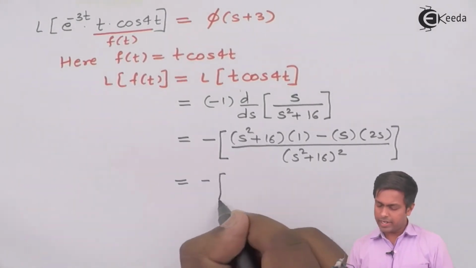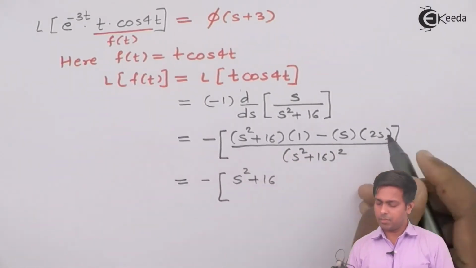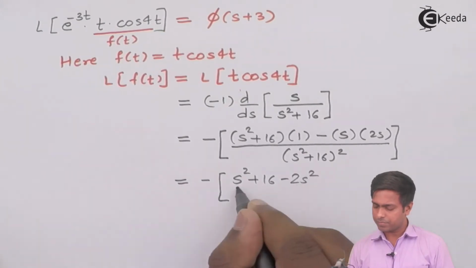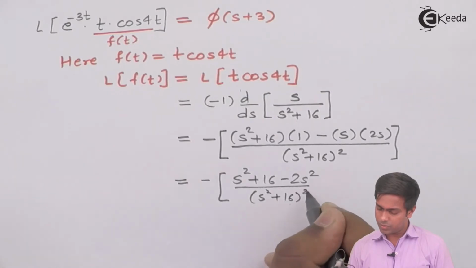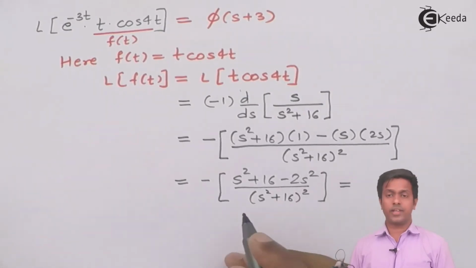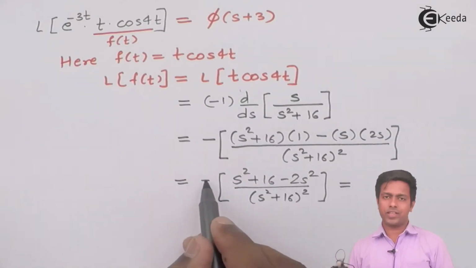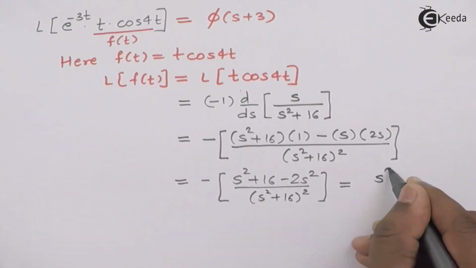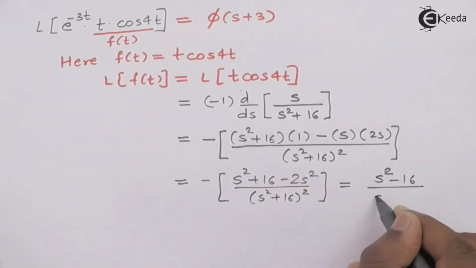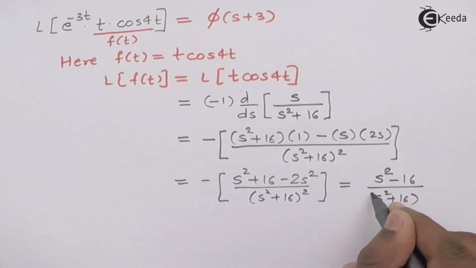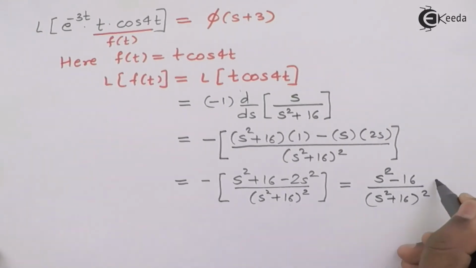We will get s square plus 16 into 1, that is s square plus 16, and this is minus 2s square upon s square plus 16 the whole square. So this will give us minus s square plus 16, and due to the negative sign, that minus s square will become positive s square, and that positive 16 will become negative 16, upon s square plus 16 the whole square. And guys, this is nothing but phi of s.